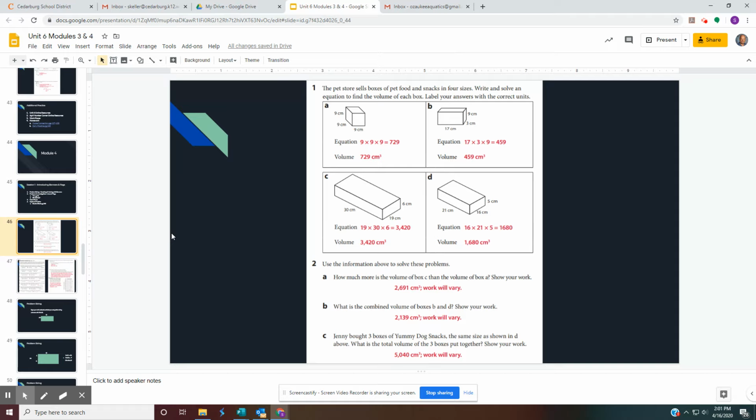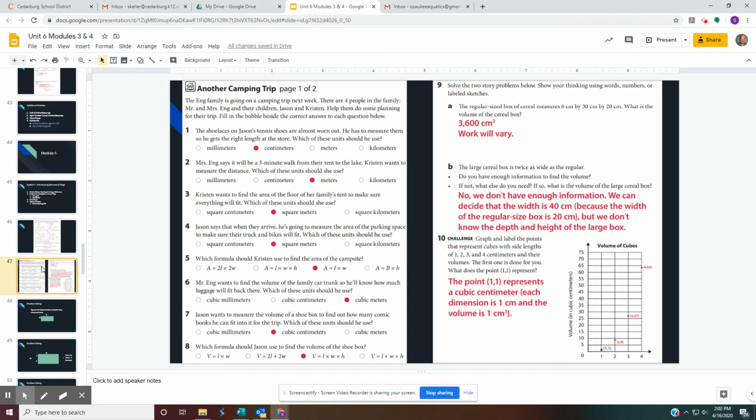If you notice that there's a big discrepancy between your answers and the answers that are up on the screen, please contact your teacher as soon as possible so that we can see where mistakes were made and where we can fix what we need to fix. All right. The next part is your home connections books, which I believe is 127 and 128. Go ahead and pause the video. And again, contact your teacher if your answers are extremely different than what we have on the screen.